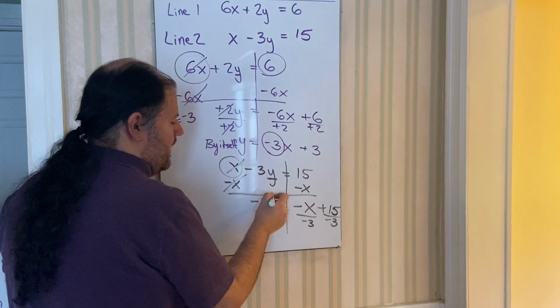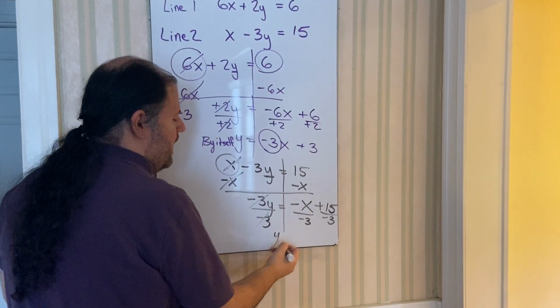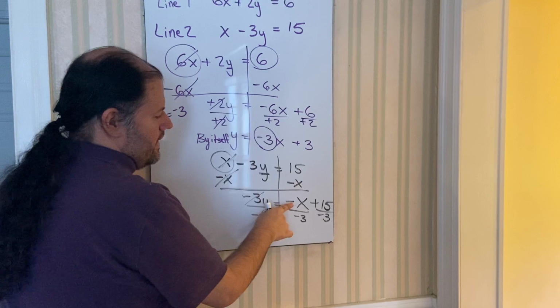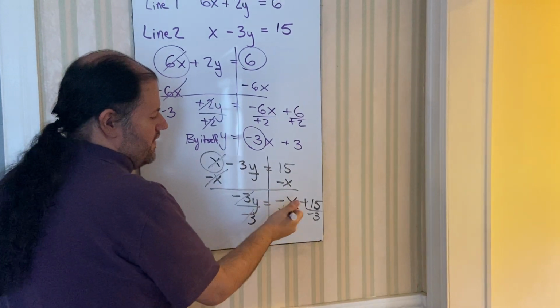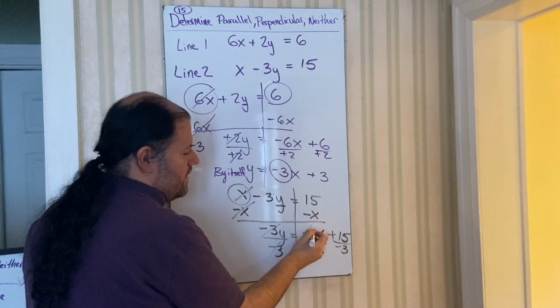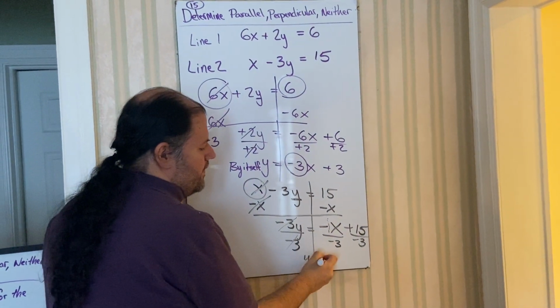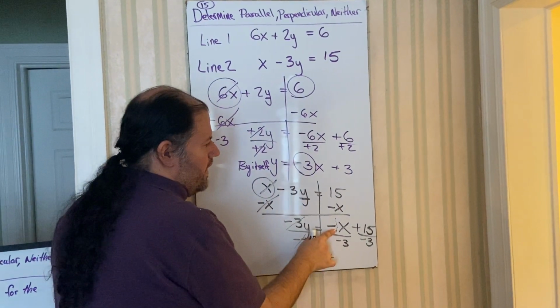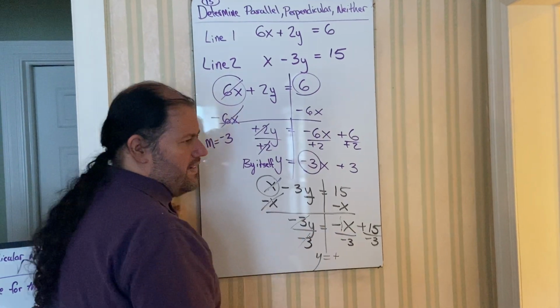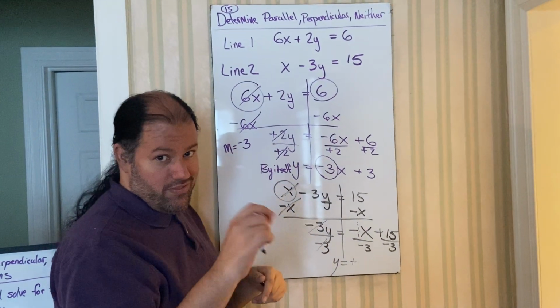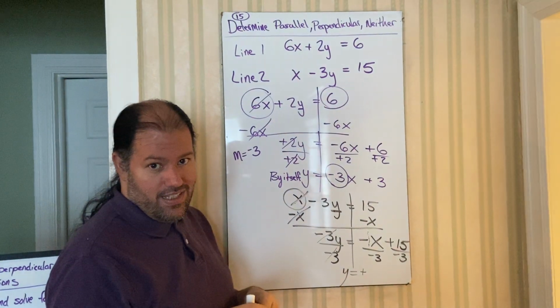This and this cancel out and gives us a positive y. Now remember, if you don't see a number here, remember how many times I said slip in a 1 as the coefficient? Negative divided by negative is going to be a positive. 1 divided by 3, that gives us 0.33333 if you put it in your calculator.